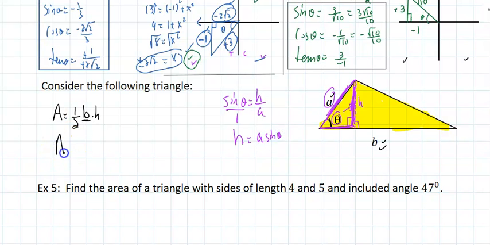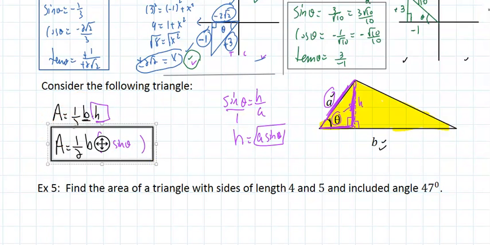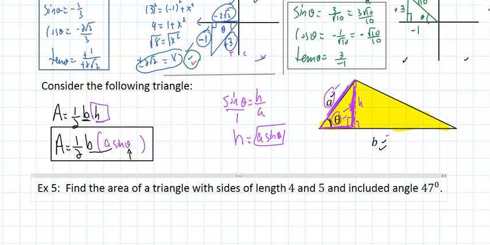So wouldn't that mean that area equals 1/2 b, and instead of h, can't I say that is a sine theta? So what does that mean? That means if you give me two sides, sides A and B, and the angle in between, I could find the area of that triangle by taking 1/2 the product of the sides times the sine of the angle in between.